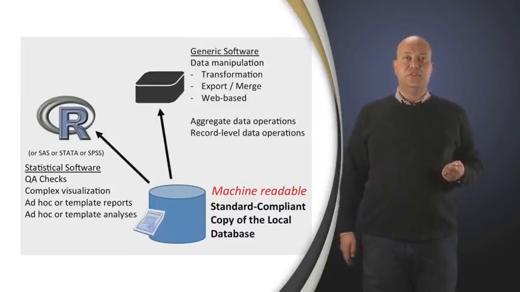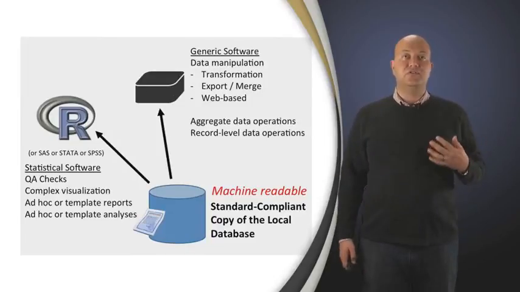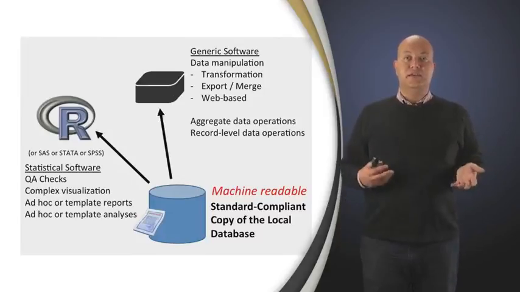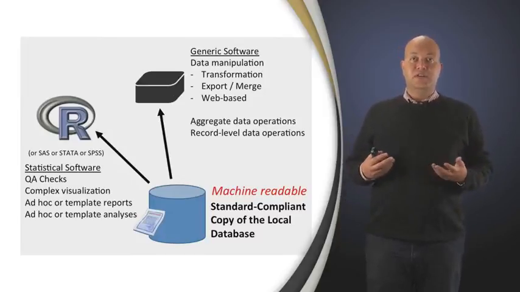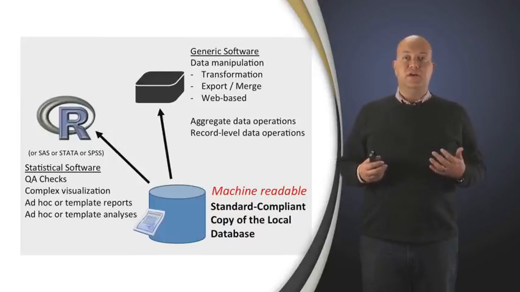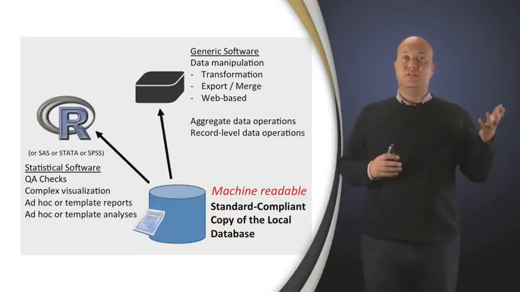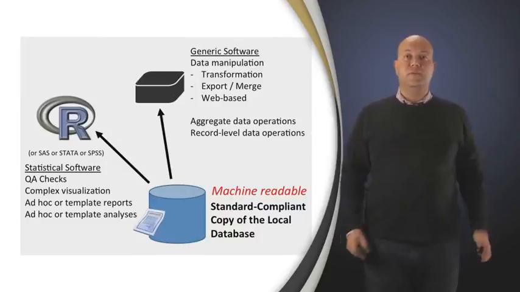Another thing you can do with data that conforms to a widely accepted standard is invest in building software that can take that data, not just statistical software, but other software that can do useful tasks like manipulation, transformation of the data to meet other standards if they exist, or to meet other kinds of analysis-ready formats.